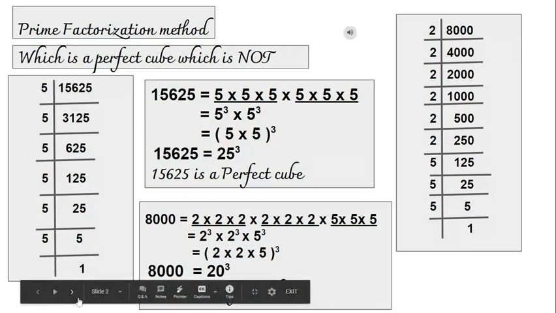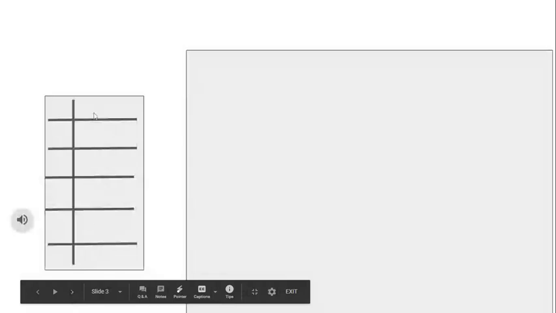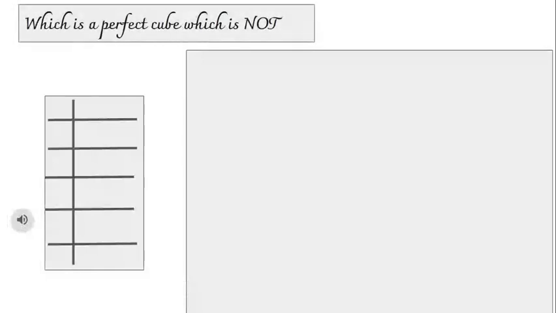Now we can try another number. Let's try this number, 243. We have to find out whether this number is a perfect cube or not. Here we are using the same technique. First we do the prime factorization.